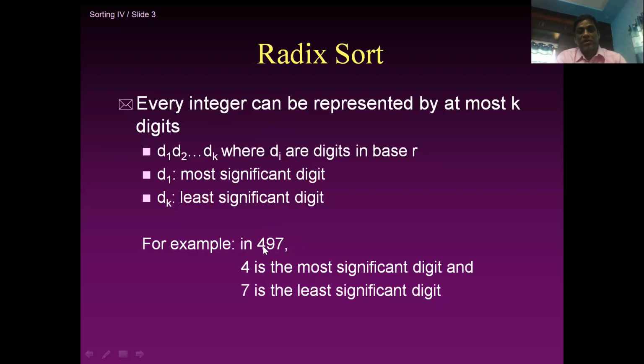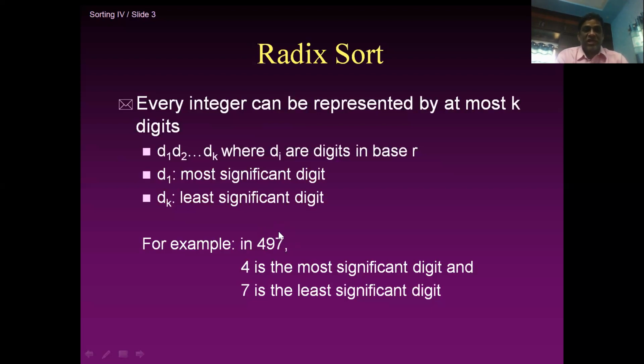So that is what the number 497 is. Because this is in the 100th position, 4 is the most significant digit, representing 400 actually. This digit is 4, but its position makes it 400. And this is 9, and its position makes it 90. And this is 7, its position makes it 7.